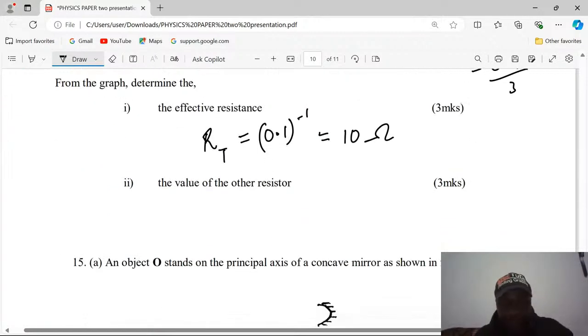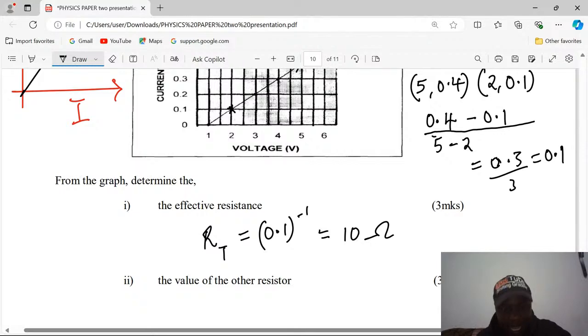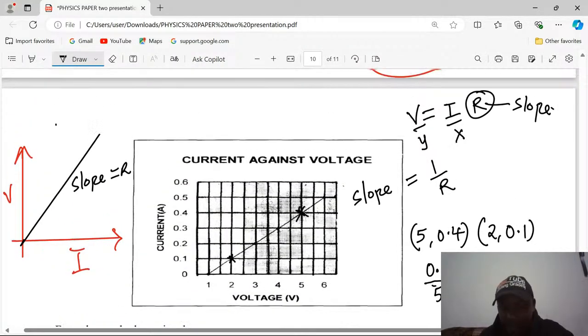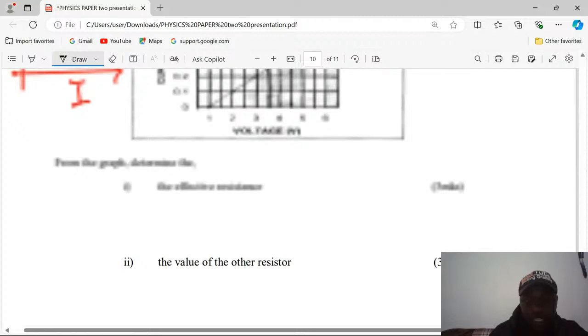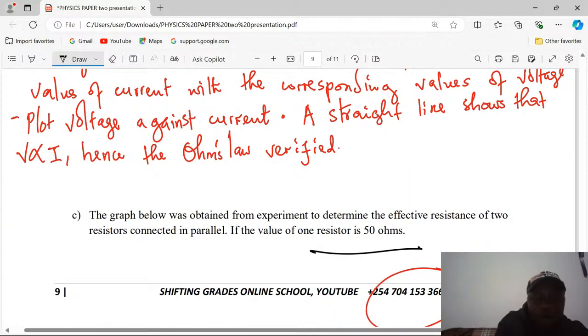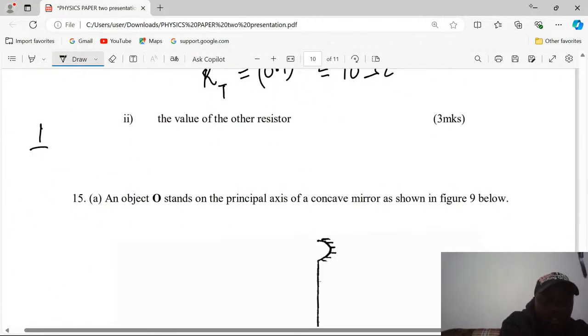Let's continue. The value of the other resistor. Remember, what you've gotten is the effective resistance, and now there is another resistor. The first resistor is 50 ohms according to the instructions here. That's why you are supposed to read everything. The instructions say they were connected in parallel. Now that they were in parallel, 1 over the total resistance is equal to the first resistor's reciprocal plus the second resistor's reciprocal.